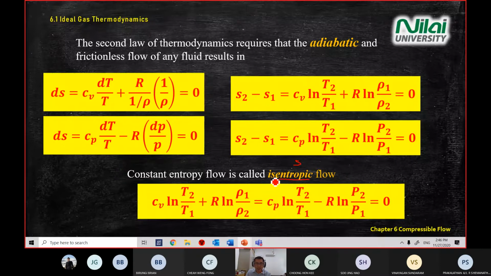So isentropic means you have a constant entropy flow inside the system, which means equation 1 will equal equation 2, both equal to 0. Now, when you write this equation, it means that you have an isentropic and adiabatic flow. So there are two. So this equation means your system is having isentropic and adiabatic flow.